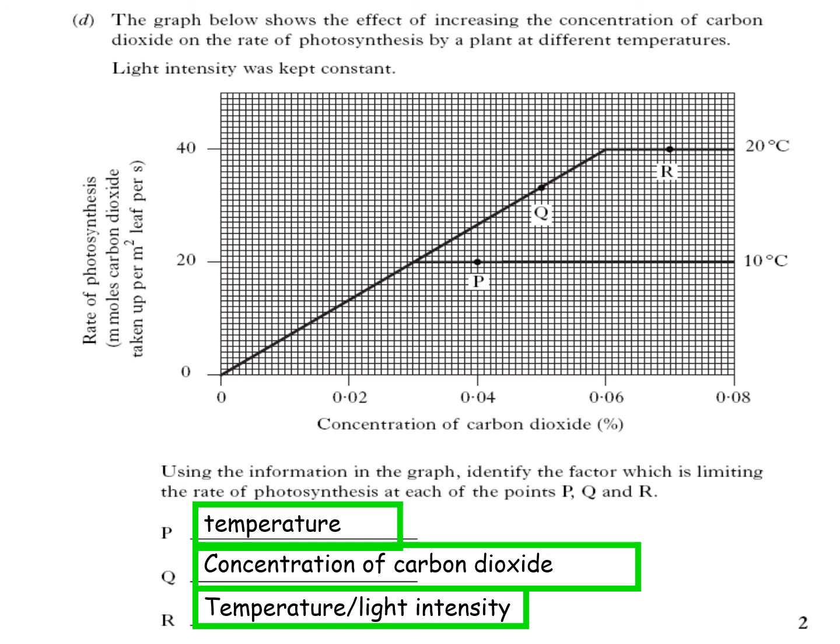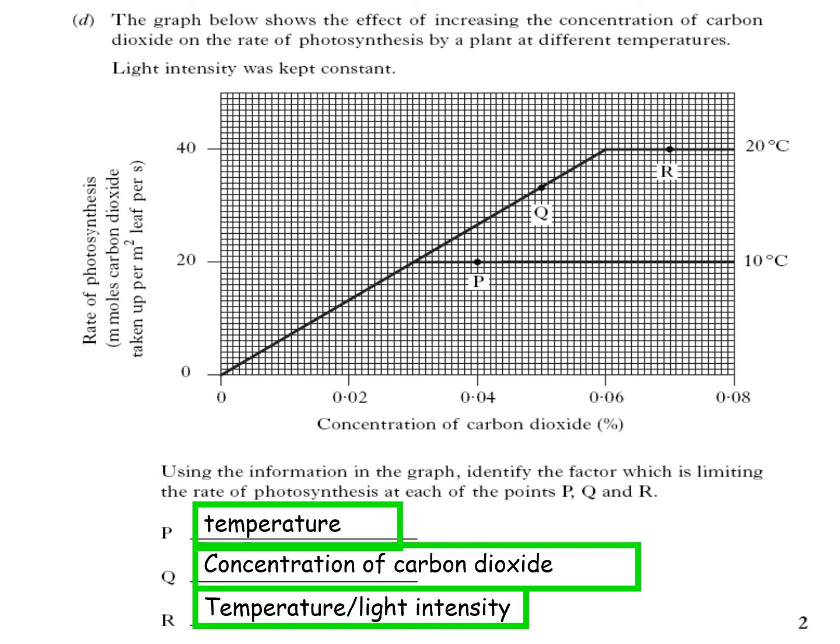Then we're looking at Q. Now Q's going up. We're on the way up, so we simply look down, and it's whatever is on the x-axis, which is carbon dioxide concentration. Now we look at R. Now remember, we talked about R. If you don't have a level above, you've just got to think, well, what else can limit photosynthesis? So it might be light intensity.